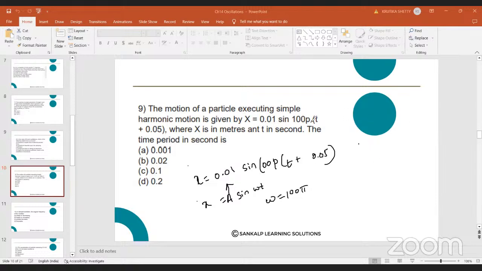This is not p, it should be pi here. Therefore we know that time period T is equal to 2 pi divided by omega. So substitute here, that is 2 pi divided by 100 into pi. So pi will get cancelled. This is nothing but 0.02. So option B is correct. Yes, Chandru, Kumar, Rukmini. Yes, very good. So last one more question we will discuss.